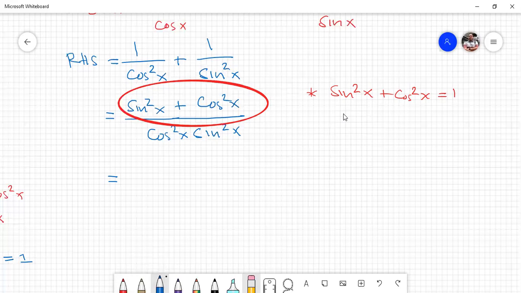So we can express this as 1 over cosine square x sine square x. Am I right?